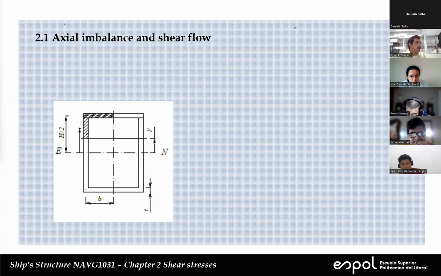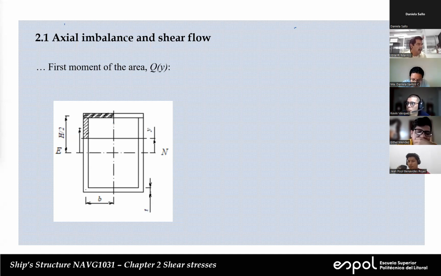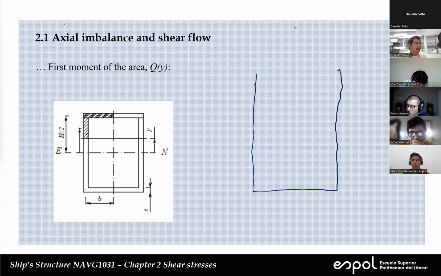Yes, doctor. So right now we have two expressions, one for this side and one for this one here. So this is what we do usually. We draw like this, and on each side we set up an axis.